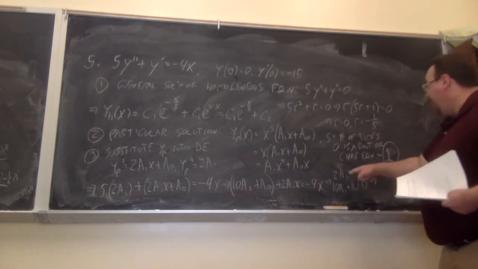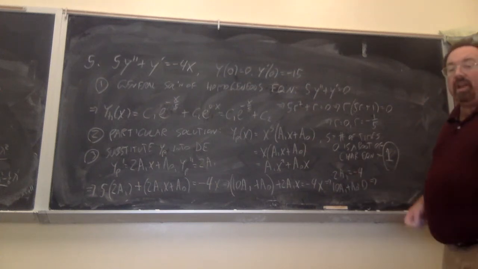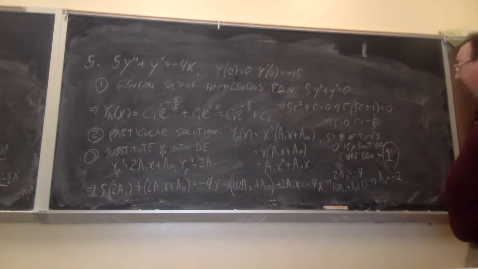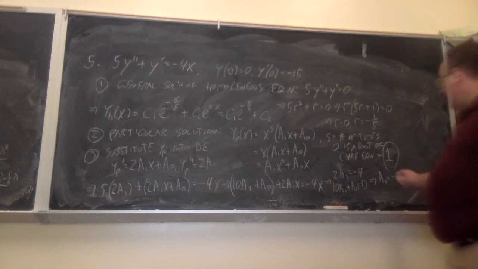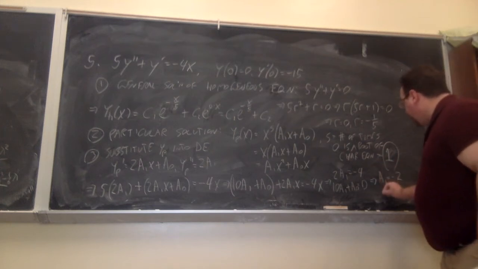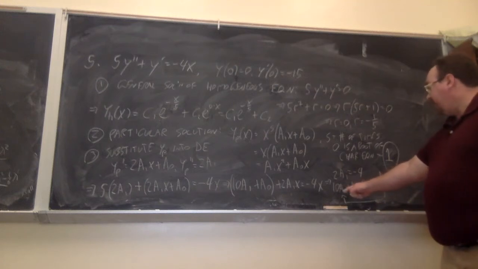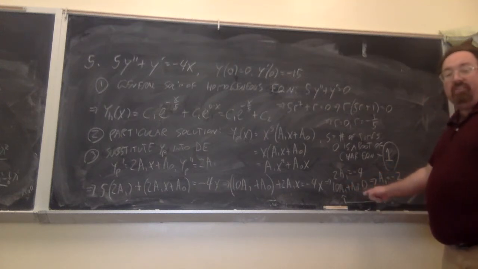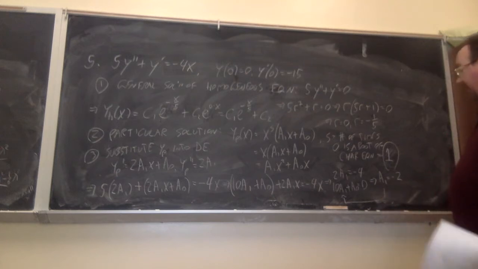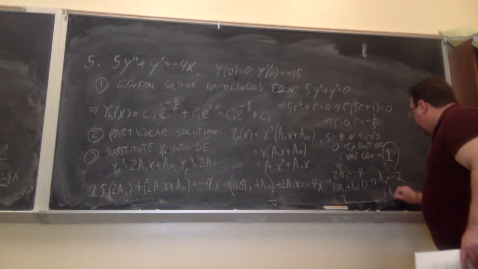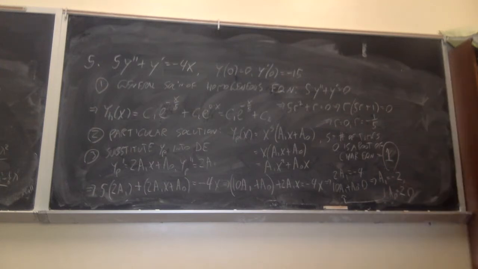The first equation we can easily solve for a1. So a1 is equal to minus 4 over 2, that's minus 2. And then we can substitute that into here. So we have minus 20 plus a0 is equal to 0. So that gives you a0 equals 20. Now the coefficients of the particular solution have been determined.